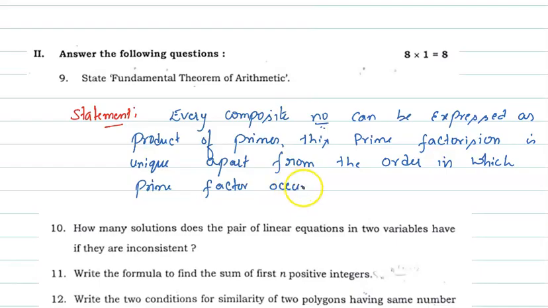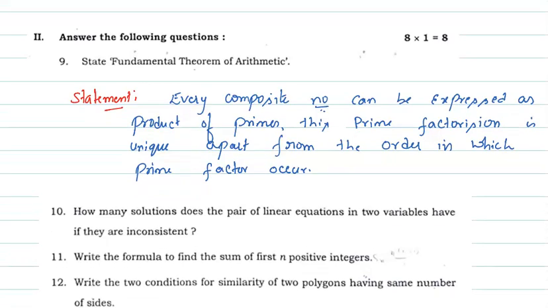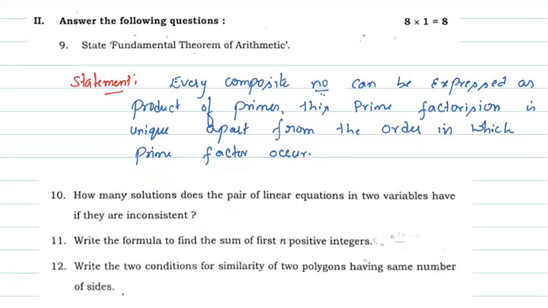It is a very simple and direct question, and also it is a known question for us. The statement of the fundamental theorem states that every composite number can be expressed as a product of primes.